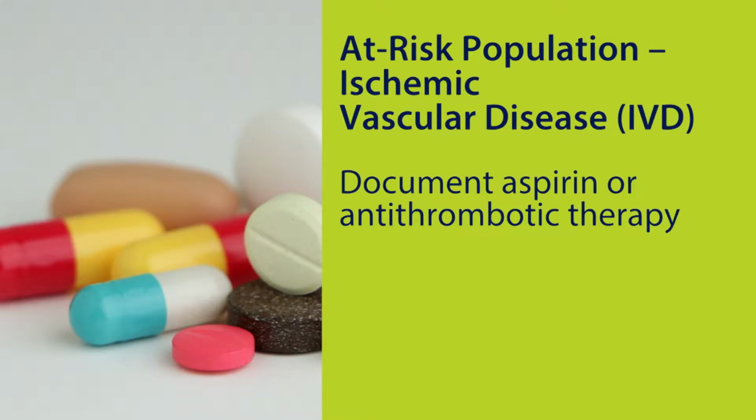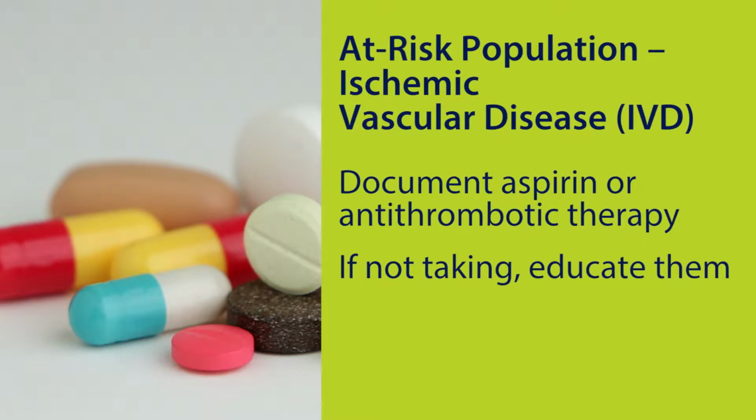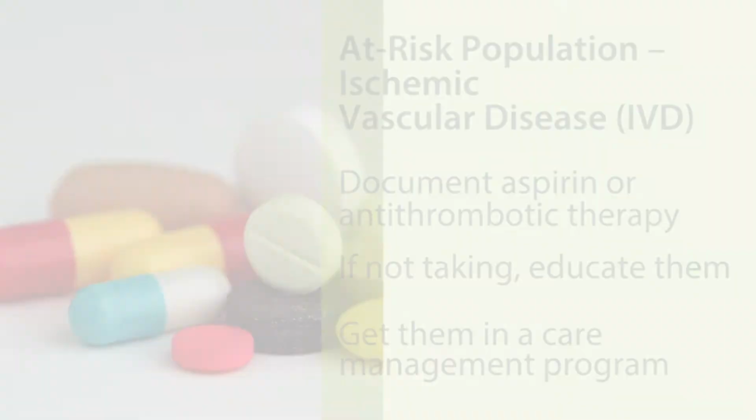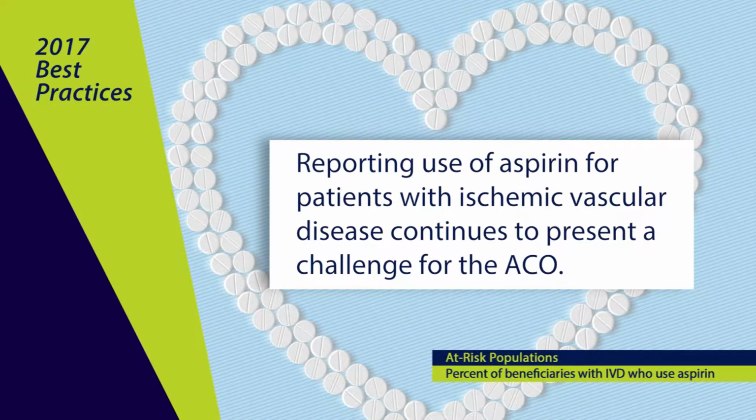It's easy to forget to put aspirin therapy on a medication list because it's not a prescription, but make sure you do. For those patients not on medication, talk with them. Give them more information on the benefits and get them involved in a care management program. Best practices for IVD are to make sure you're reporting patient use of aspirin. It continues to present a challenge for the ACO because of inconsistent documentation of over-the-counter medications.